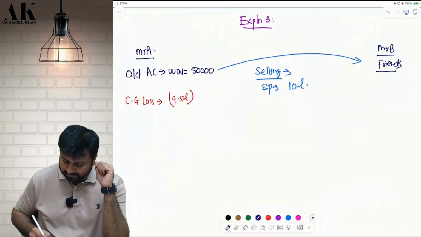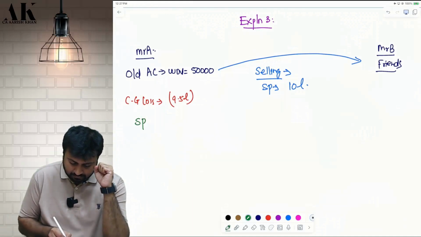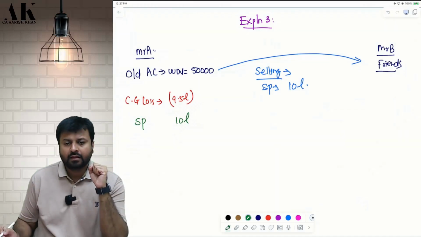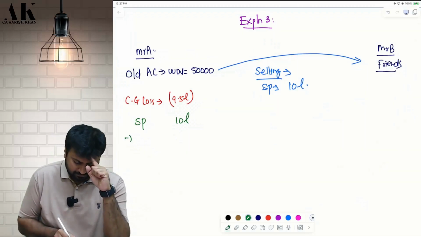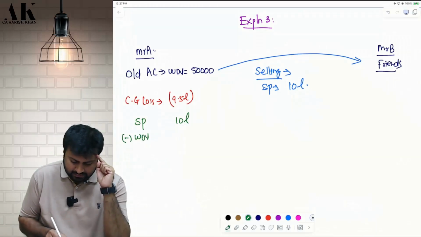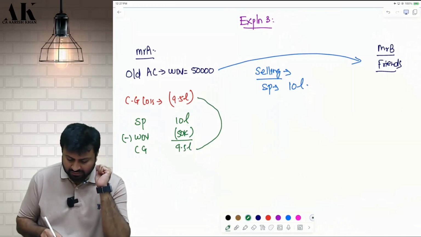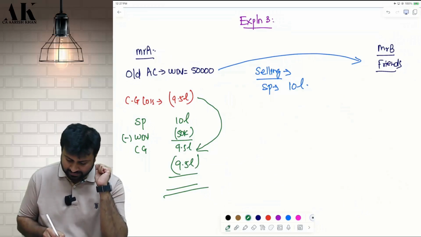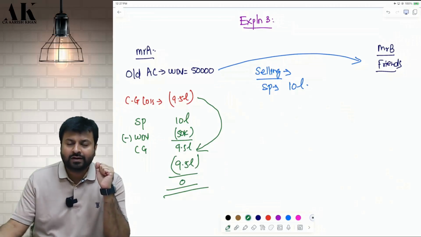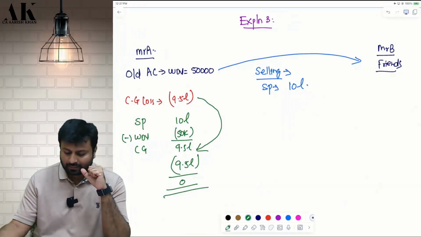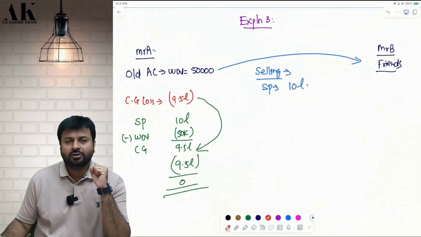So what I did intelligently, I sold the AC for 10 lakh and the WDV of the AC is only 50,000. So I'm getting capital gains of 9.5 lakhs. And the 9.5 lakh loss which is with me, I'm fully setting off against that. And my capital gains is 0. Are you clear till here?